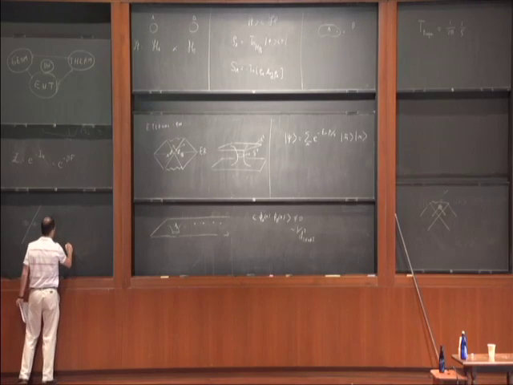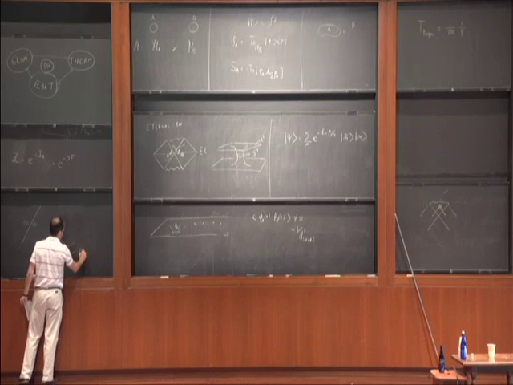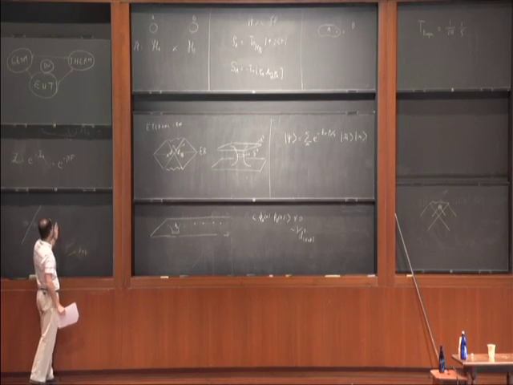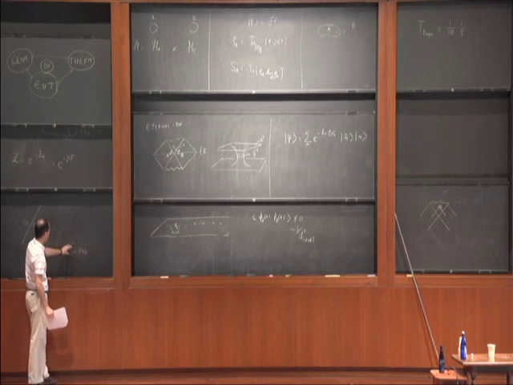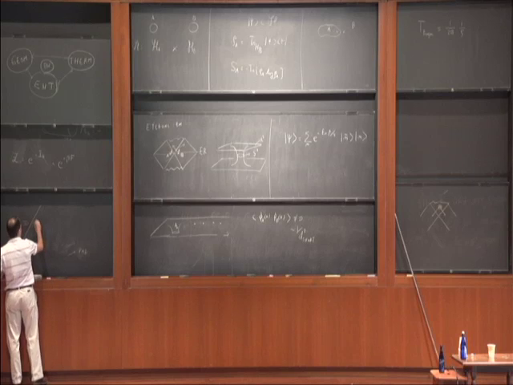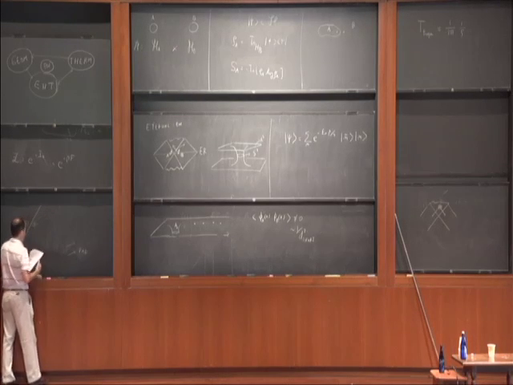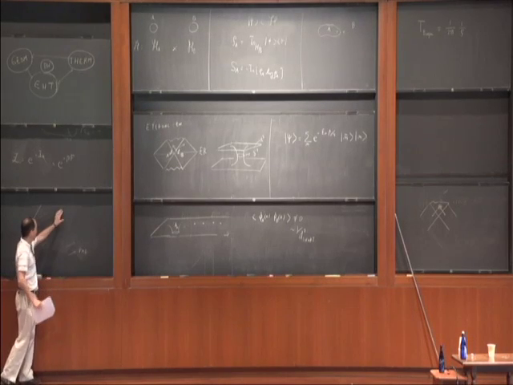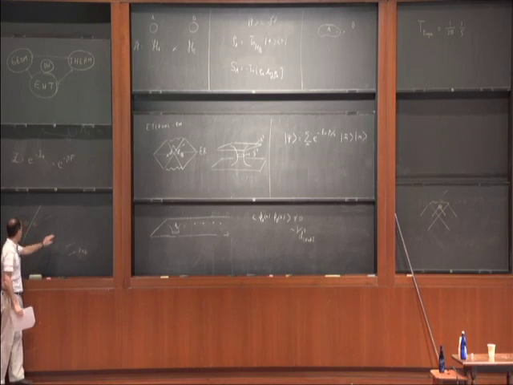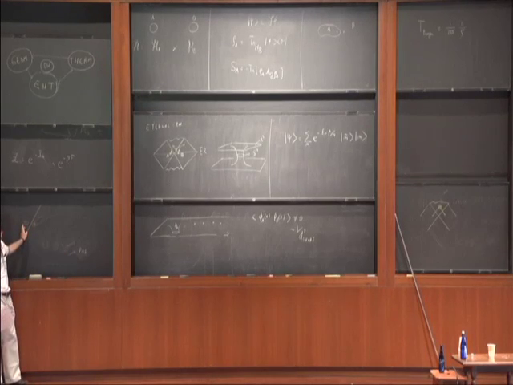But if the black hole emitted radiation and the whole radiation system has to be in a pure state, then the early radiation has to be entangled with the late radiation, and this mode will give rise to some late radiation mode. And so this guy has to be entangled both with the radiation and the fields inside. Okay?